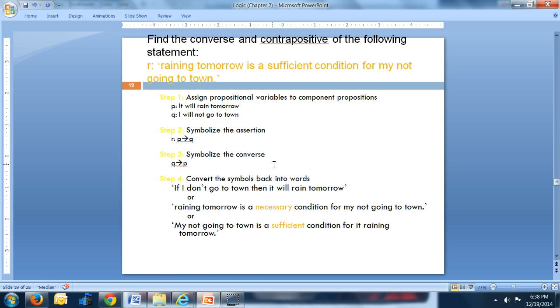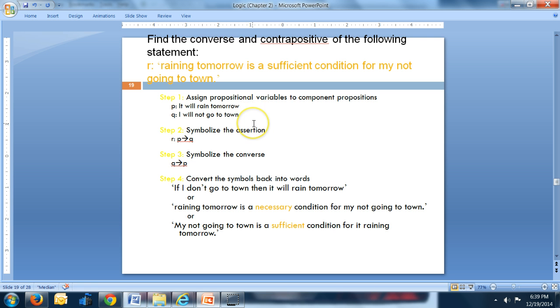Here are some examples in order to do the contrapositive. We identify them and we convert them using this. So if we give you a compound statement like this, we say B, it is raining tomorrow. Q, I will not go to town.